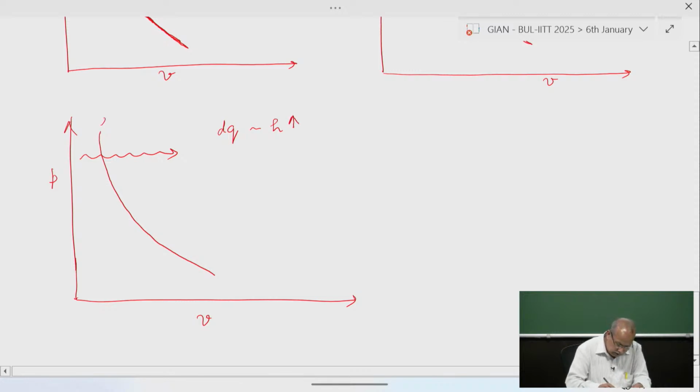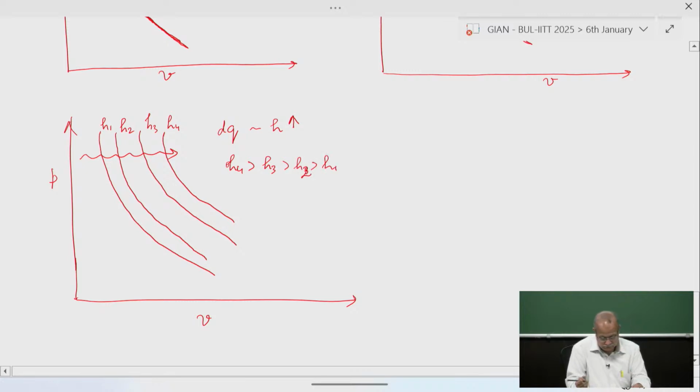So if this is the line H1, the enthalpy will be increasing to H2. Addition of heat will cause the enthalpy to increase to H3. So this is how it goes, where we can write H4 is greater than H3 greater than H2 greater than H1.